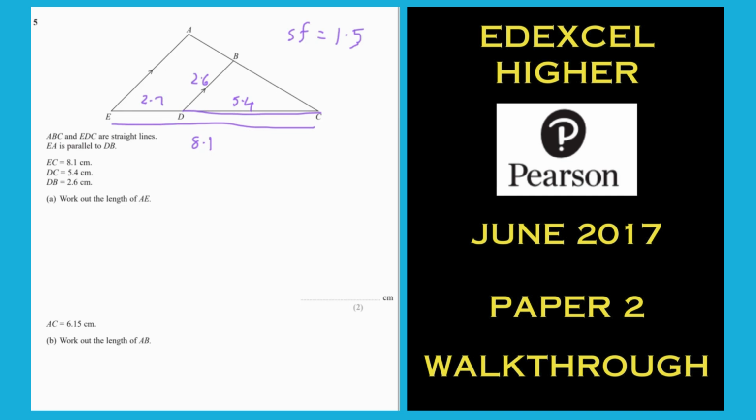So we need to work out the length of AE. AE is corresponding to the 2.6. So it's a times, and you get 3.9. AC is the other way round, so we're going to divide by 1.5, but when you get your answer of 4.1, don't forget A to C is 6.15.